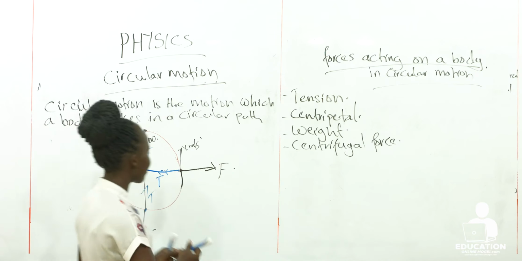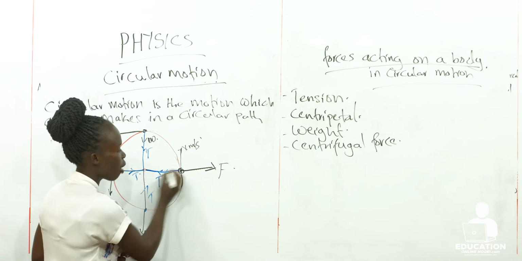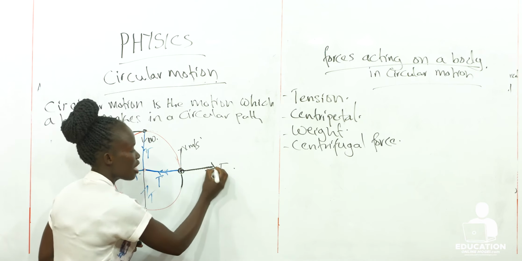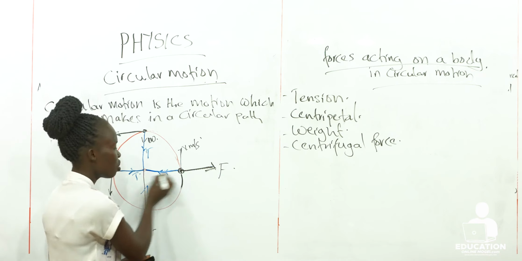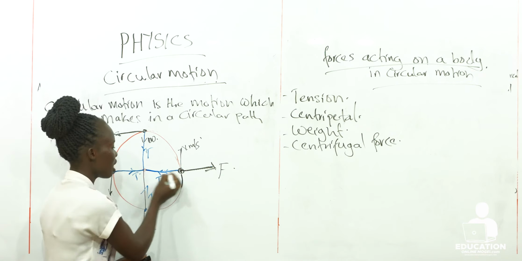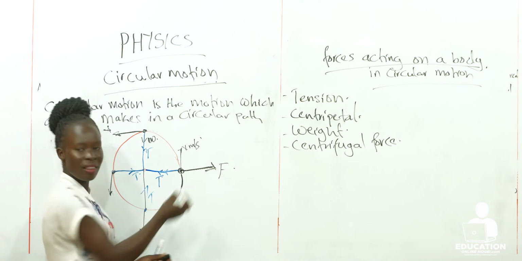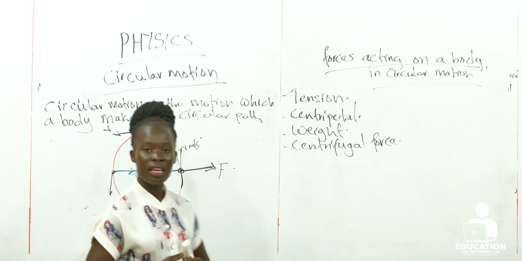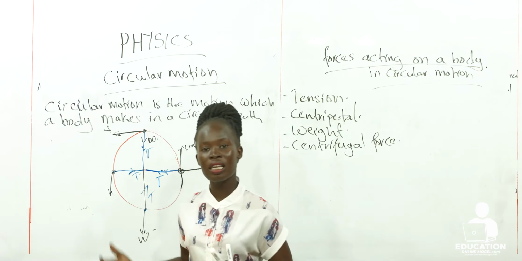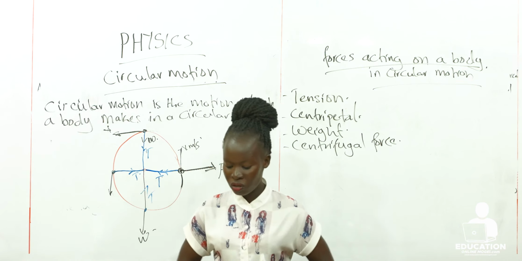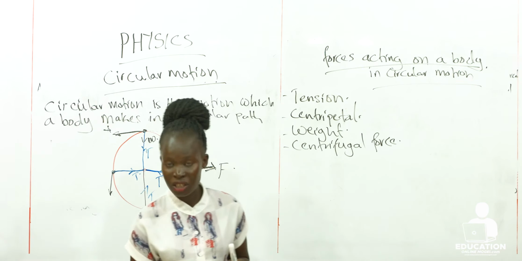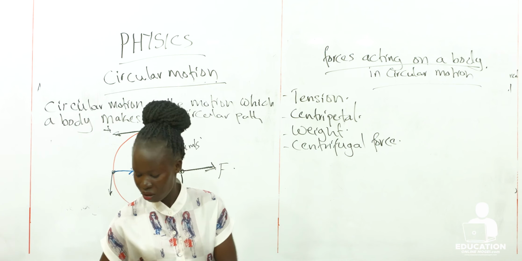It acts outwards. You see, this is our bob. It takes the opposite direction to the tension. So it is now the tension here that balances this centrifugal force so that it keeps the body rotating in a circular manner. So those are some of the forces that are acting on a body when it is describing a circular motion.